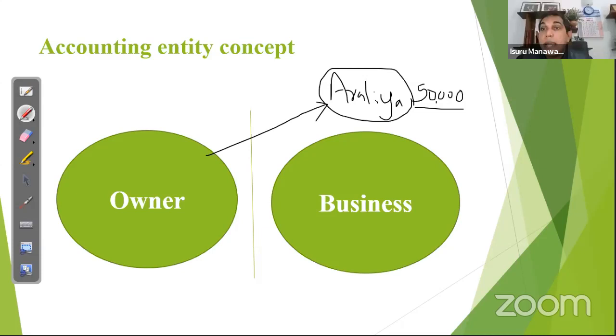Now, since we have already started a hypothetical business, we have a responsibility, right? I'm the owner. In this business, there are many stakeholders. Can you please tell me who the stakeholders of this business are? First, I already told you the owner and the business are two separated entities, so the first stakeholder is the owner.